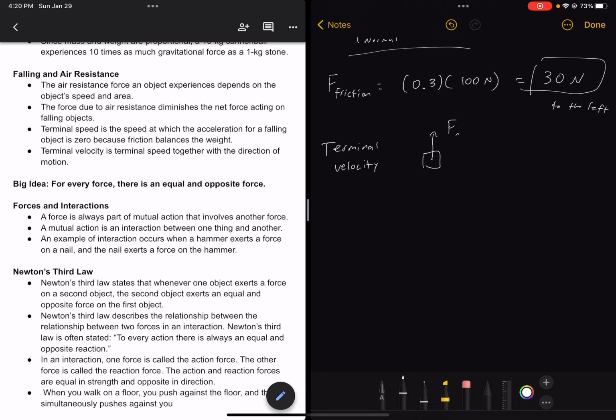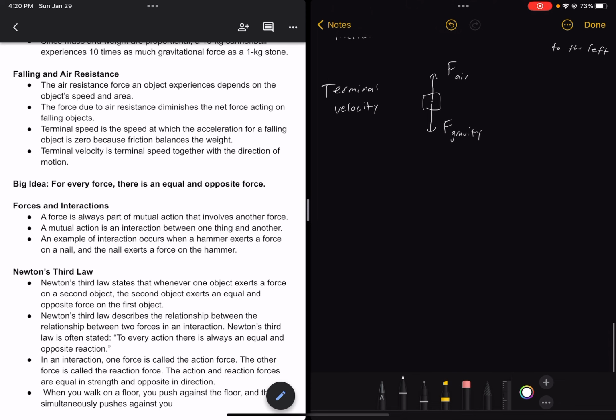So the force of air has to equal the force of gravity. And that's terminal velocity, basically. So your acceleration becomes 0. Your net force is 0. If these two things are balanced, as soon as the force of the air equals the force of gravity pulling you down, then your net force becomes 0. You're no longer accelerating. That's your terminal velocity. It's effectively your max speed as you're falling through the air.